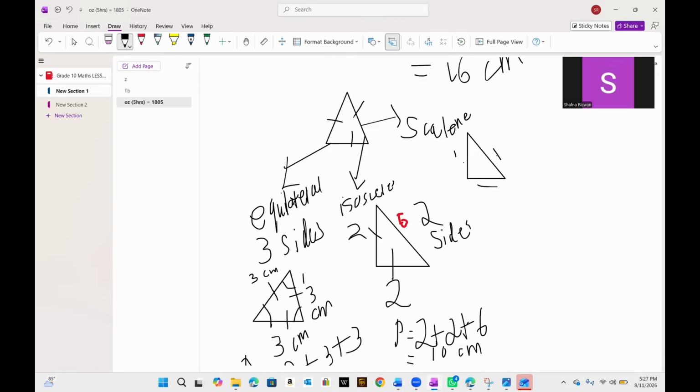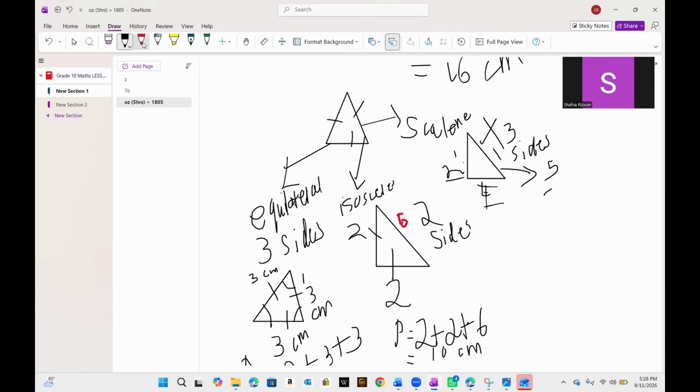All the three sides are not equal, they are different. That means here it will be like 2 centimeter. Here it will become around 4 centimeter. And then here it will be around 5 centimeter. All are different. 2, 4, 5.